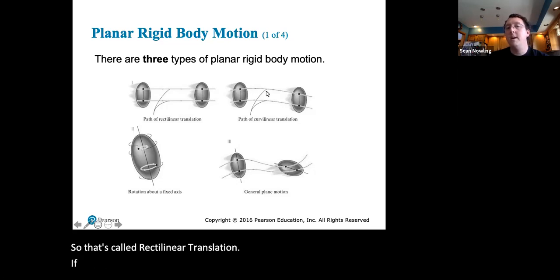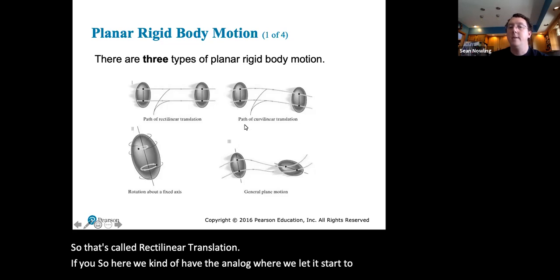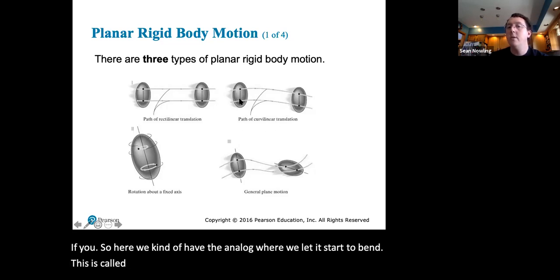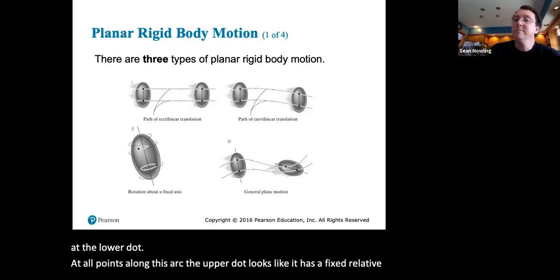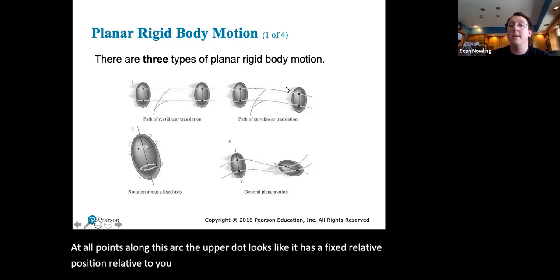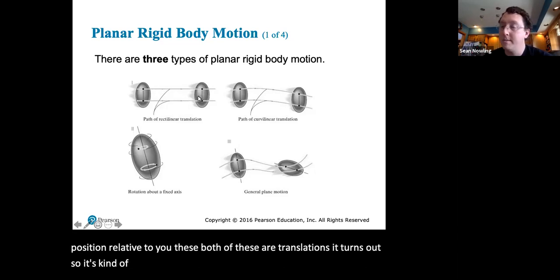So here we have the analog where we let it start to bend. This is called curvilinear translation. Notice if you're standing right here at the lower dot, at all points along this arc, the upper dot looks like it has a fixed position relative to you. So both of these are translations. It's kind of like you riding along in a bus.